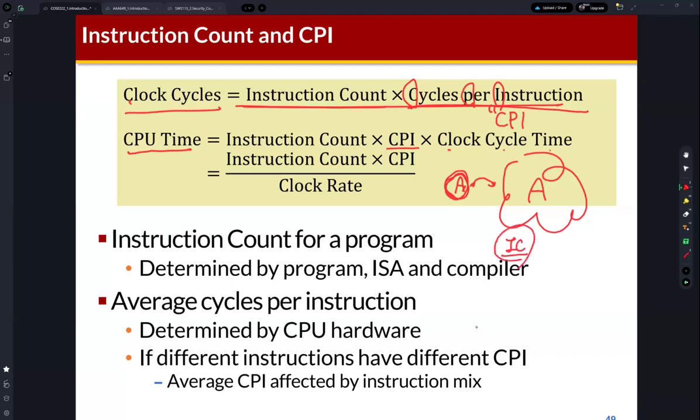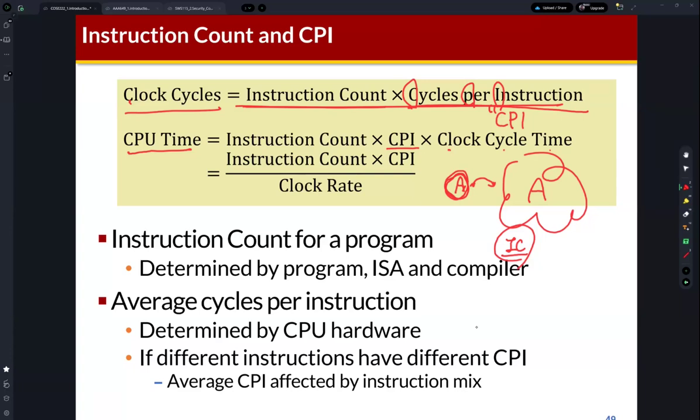Actually, when an instruction is executed by a processor, it takes different numbers of cycles. That's why I mentioned that you assume one instruction is executed per clock, but it's not true.